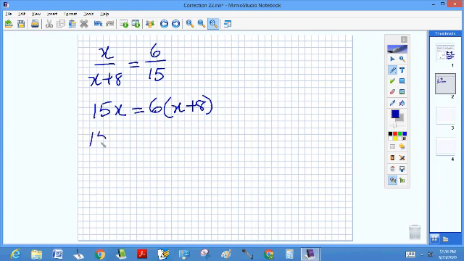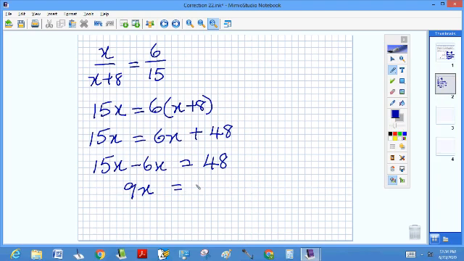Opening the bracket, 15S is equal to 6S plus 48. Collecting like terms, we have 15S minus 6S is equal to 48. Reducing, we have 9S is equal to 48, which means dividing both sides by 9, 9S over 9 is equal to 48 over 9.